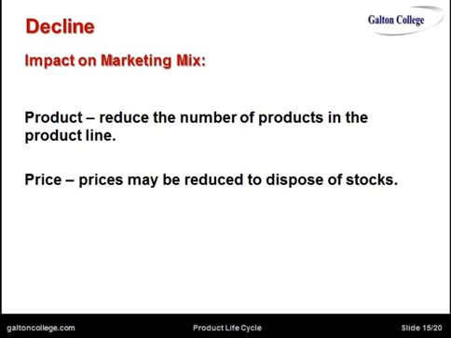Now the impact on the marketing mix. The product: reduce the number of products in the product line. That's one way perhaps of cutting costs. Possible. It depends on the number of products in the product line to start with, I suppose. It also depends on the information being available.